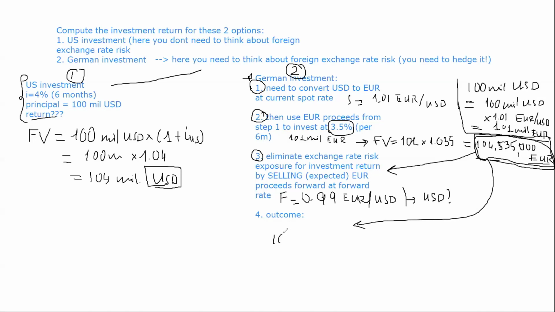So from 104,535,000 euro, I'm going to divide that by the forward rate, okay? And I'm going to get 105,590,909 USD, okay?